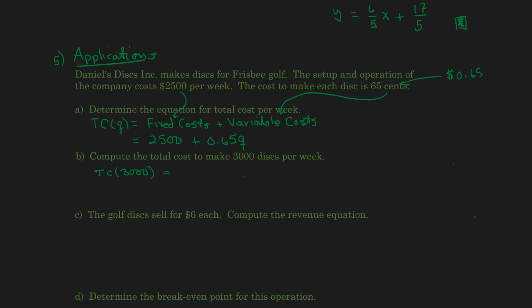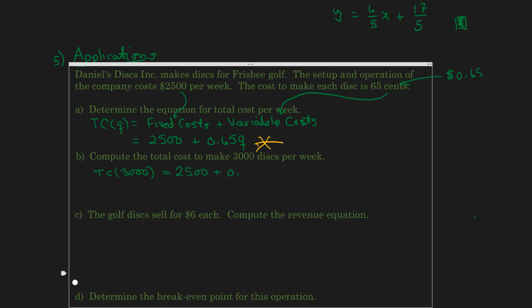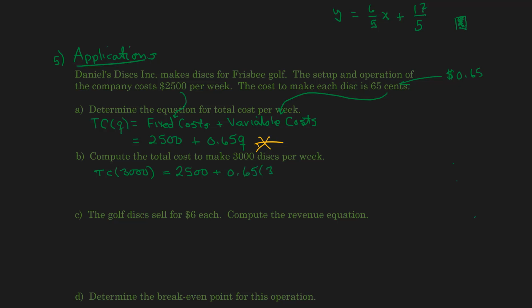And this is going to be equal to, using our total cost equation, which is up here from part A, our 2,500 plus the 0.65 times the 3,000. This is easy enough to plug into your calculator, and we wind up with a total cost then of $4,450 per week.